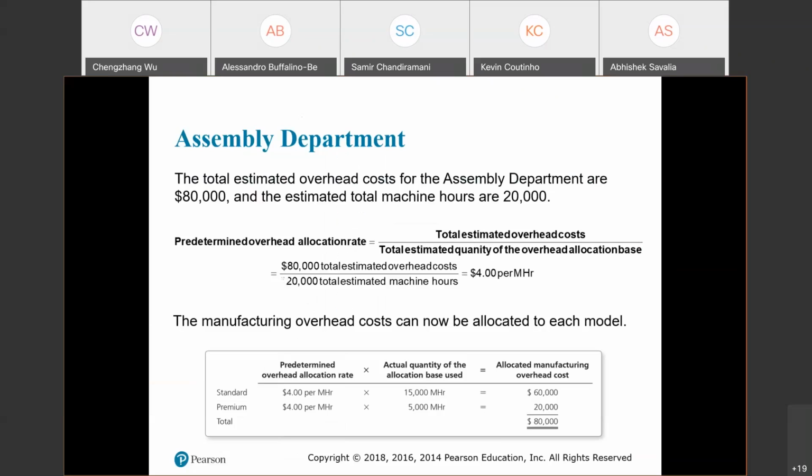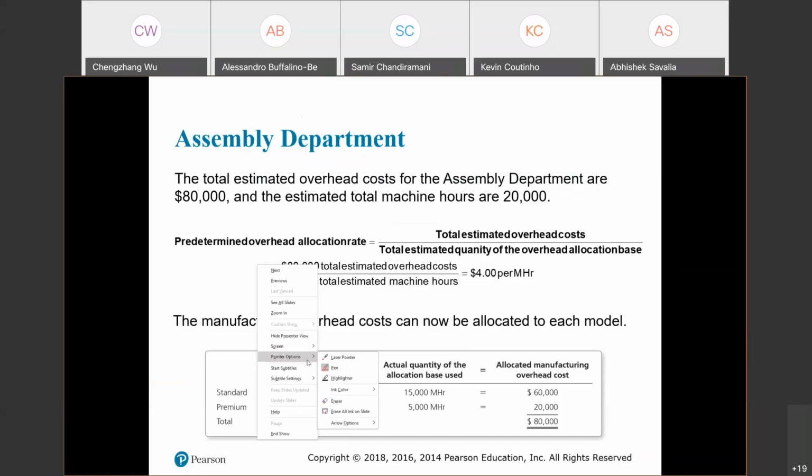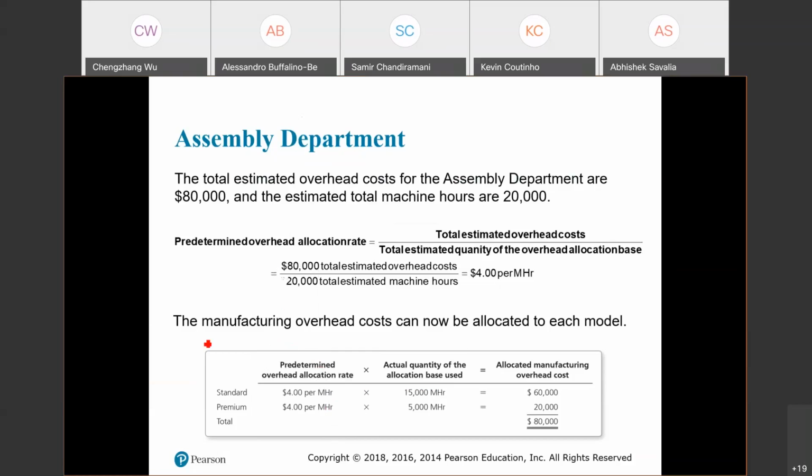And next, let's see this table. We have determined that the predetermined overhead allocation rate is $4 per machine hour. So for the standard model, we use $4 per machine hour times the machine hours used for the standard model, which is 15,000 machine hours.